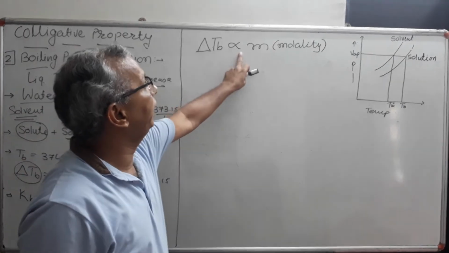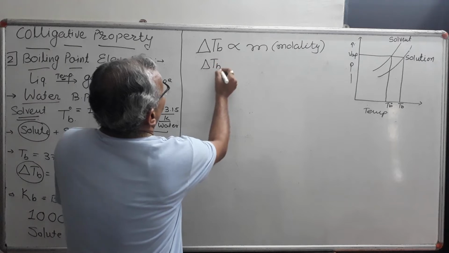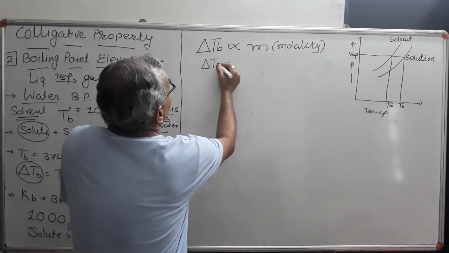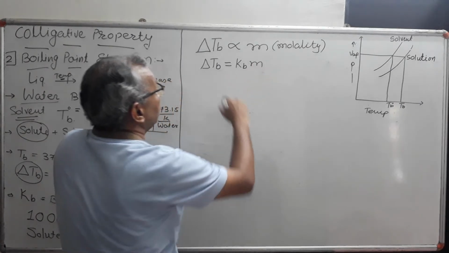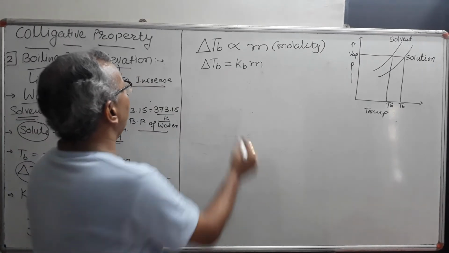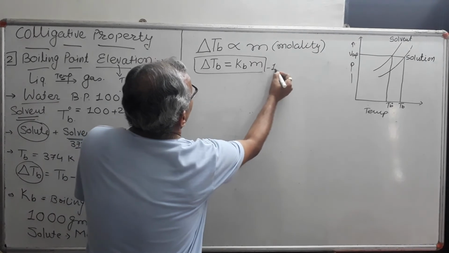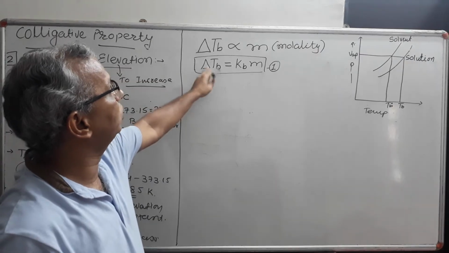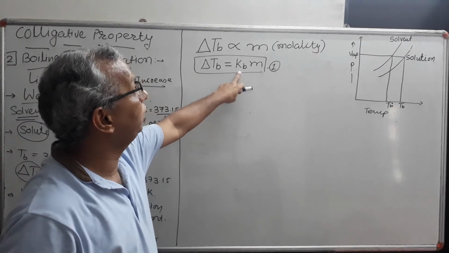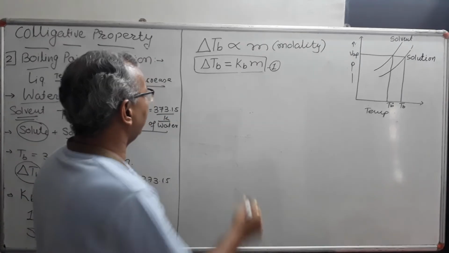So delta Tb is directly proportional to m, and if we want to remove the sign of proportionality, then we have to put a constant, that is Kb. So this is the formula: delta Tb is equal to Kb into m, where delta Tb is the boiling point elevation, Kb is the boiling point elevation constant, and m is molality.